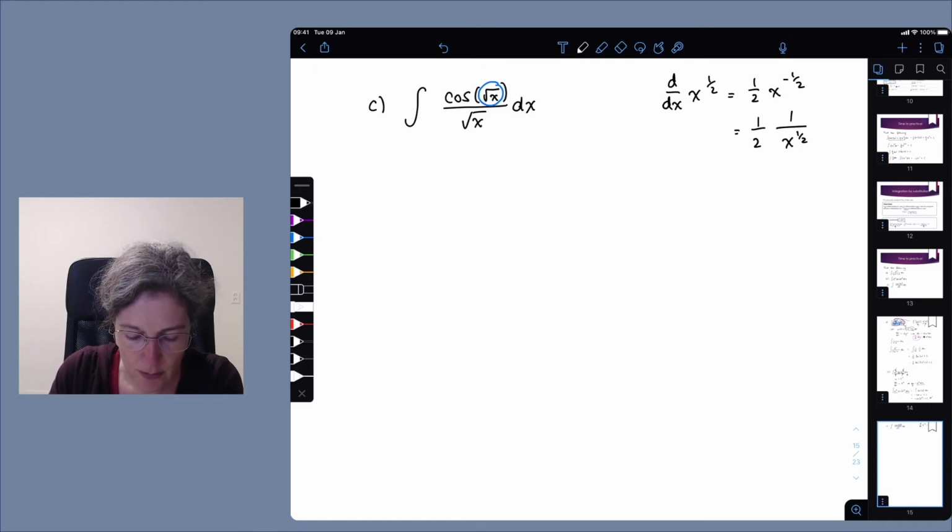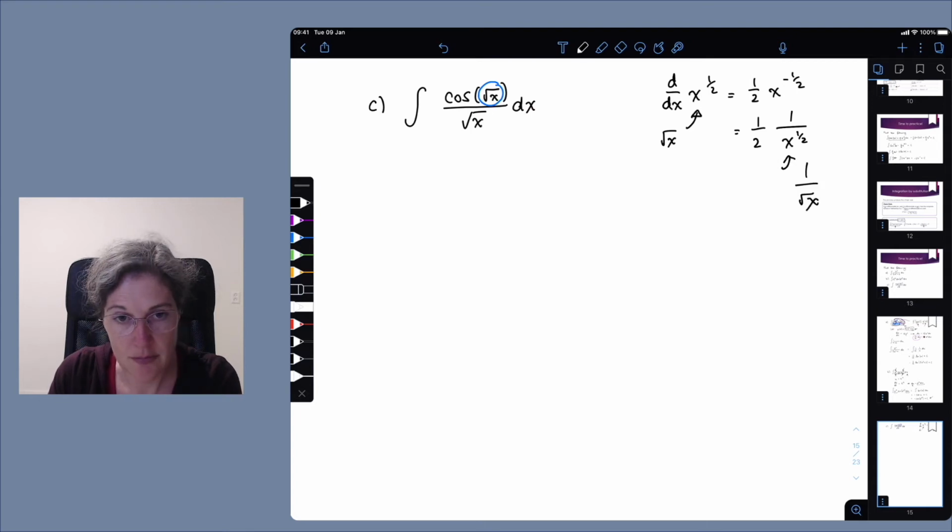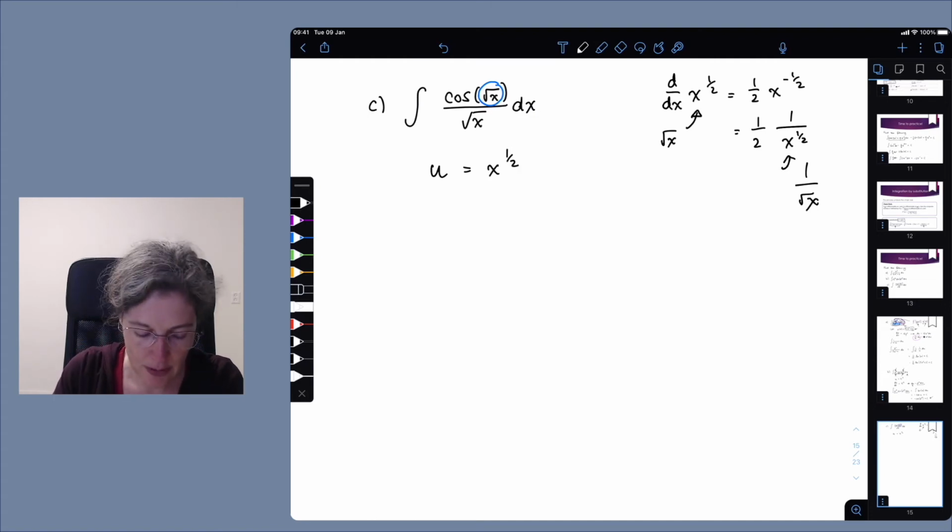So if we take the derivative of root x, what we end up with is 1 over root x. So that gives us the hint that what we should be taking as our u is going to be our x to the half, or our root x. I just find it easier working with half.